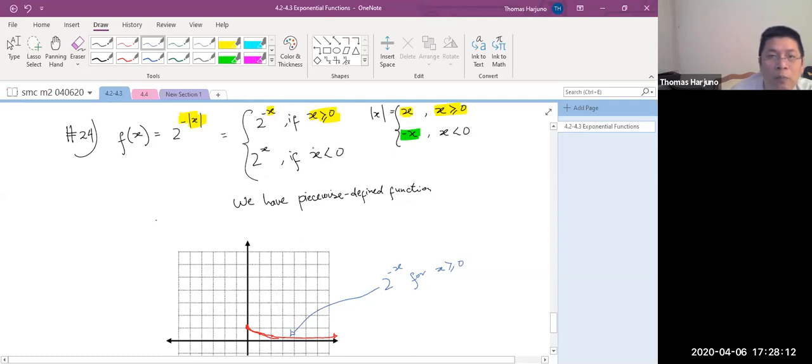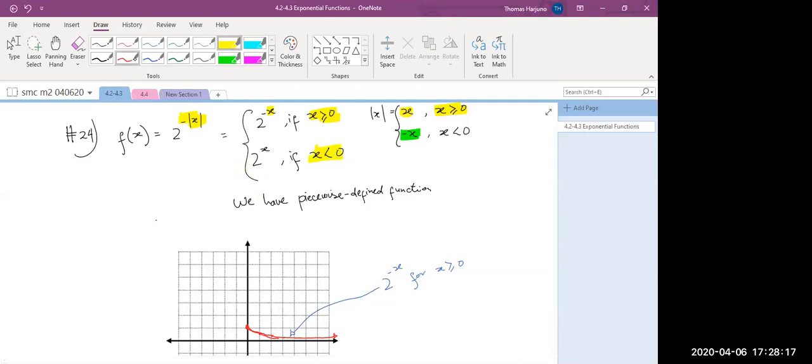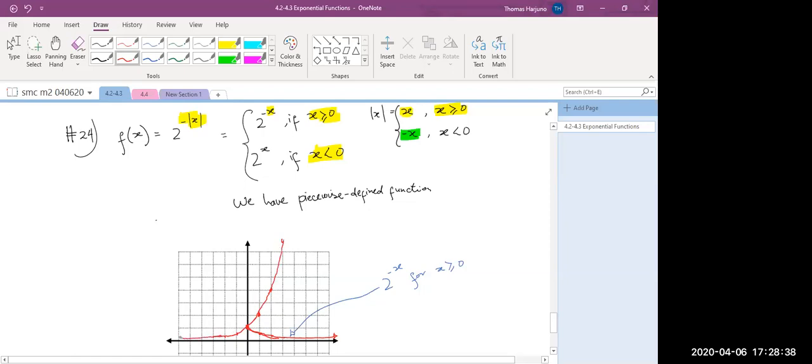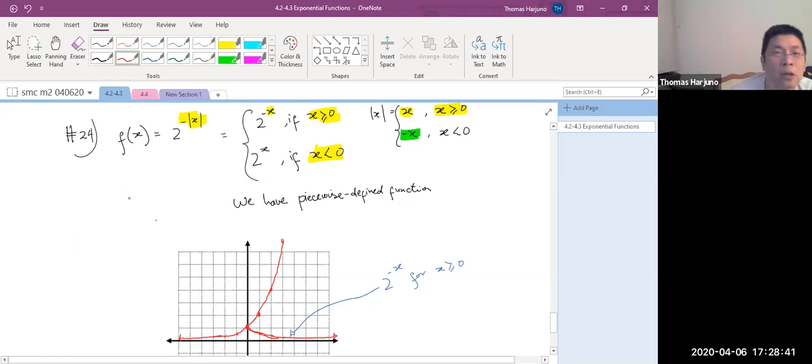While on the negative branch, I use 2 to the x. 2 to the x looks like this. But because I only need the negative branch, I will erase the positive part.